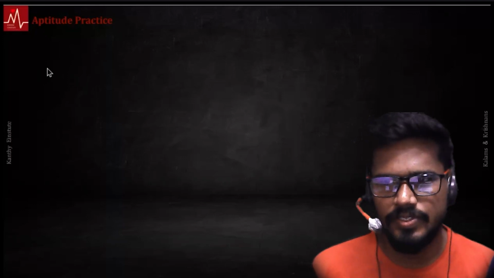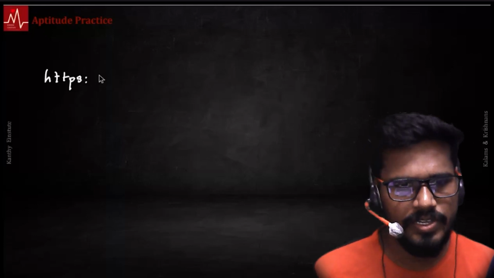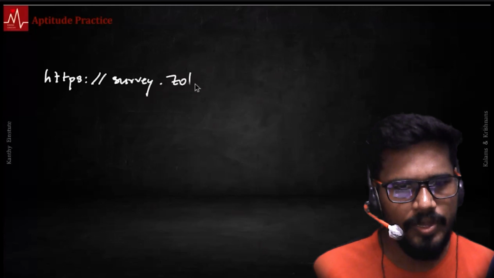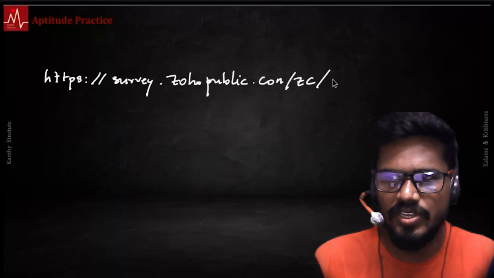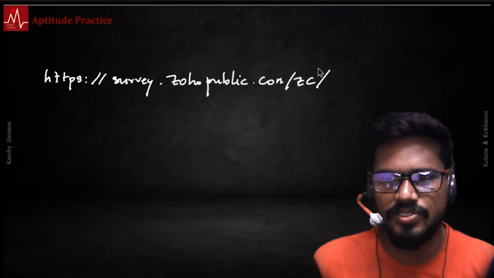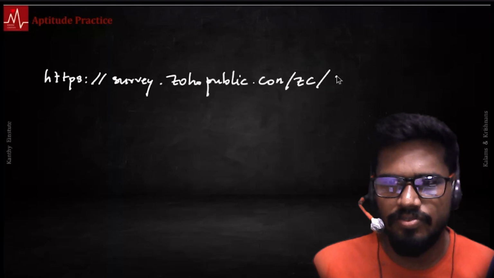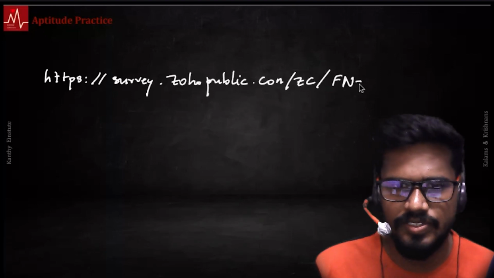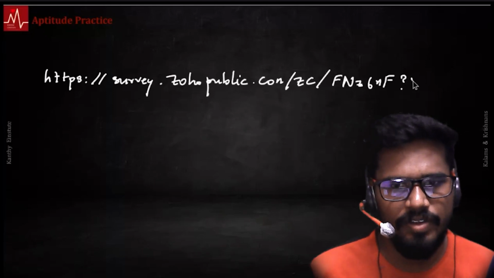So it has https://survey.zohopublic.com/zs, and then there is a string of characters for each test. Let's say for the analytical aptitude, this I suppose is FNZ6NF, and I have a name here.